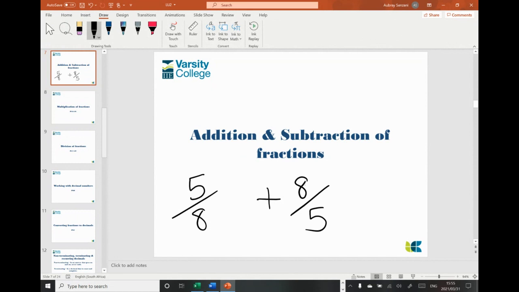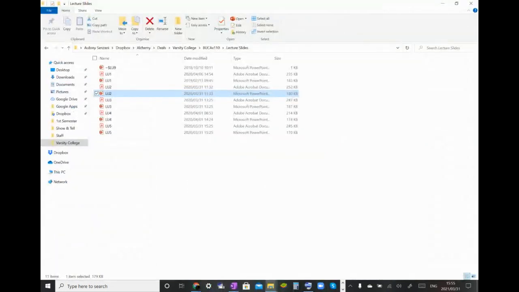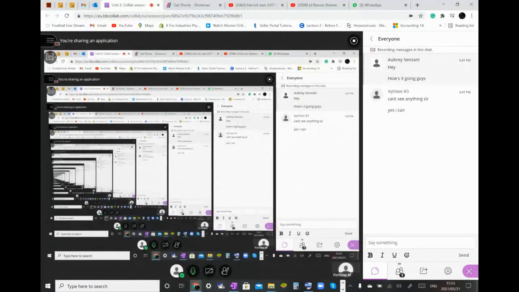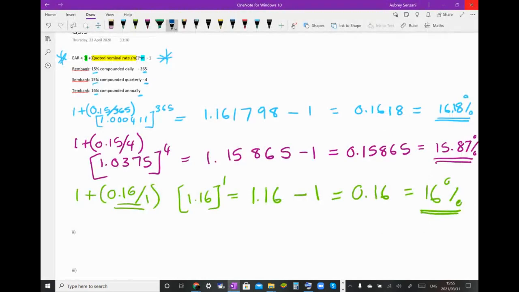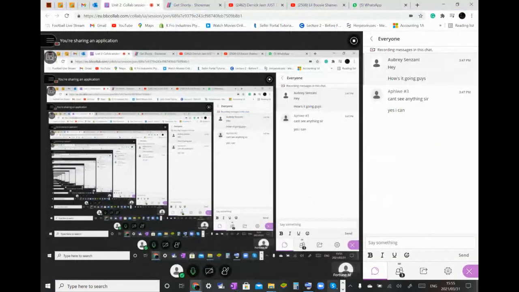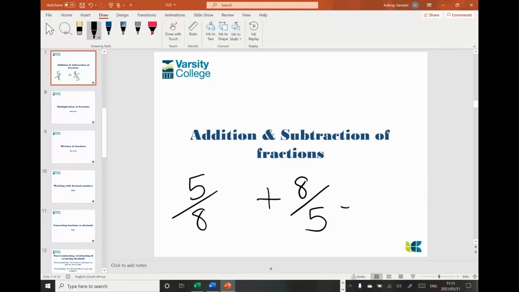Can somebody tell me there in the chat what must happen? How do we add these two fractions?